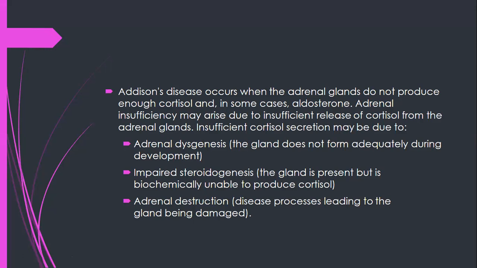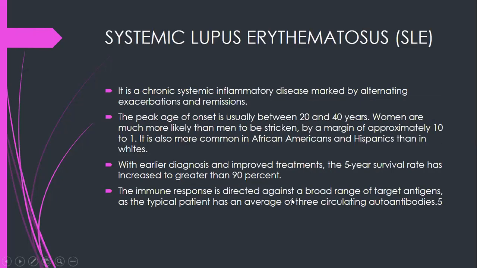Okay, abnormal formation or abnormal development or maturation of your adrenal glands, or in cases wherein there is impaired steroidogenesis, wherein the gland is present, however, not able to produce cortisol, or in autoimmune cases, adrenal destruction. Okay, a disease process leading to the gland being damaged.